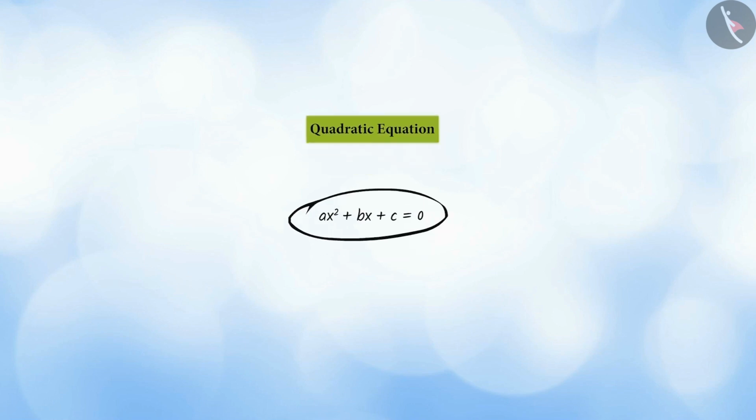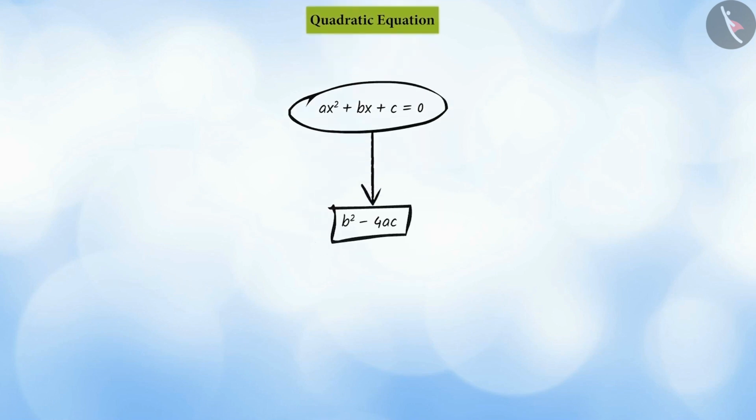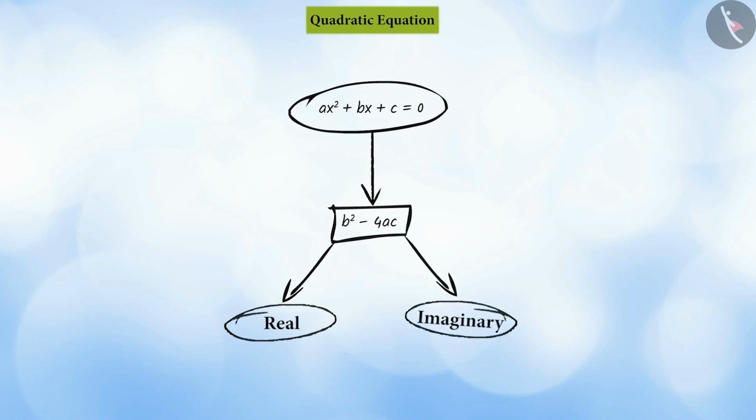You have seen that for any quadratic equation, b square minus 4ac determines whether the roots of the equation are real or imaginary. Therefore, it is called the discriminant.